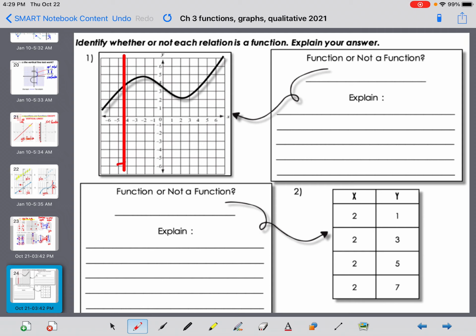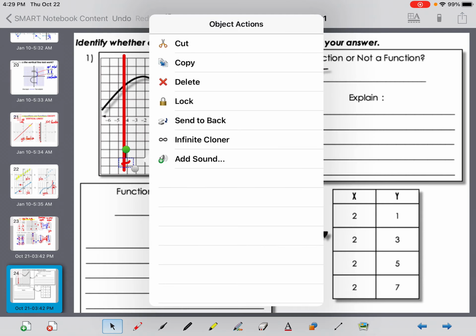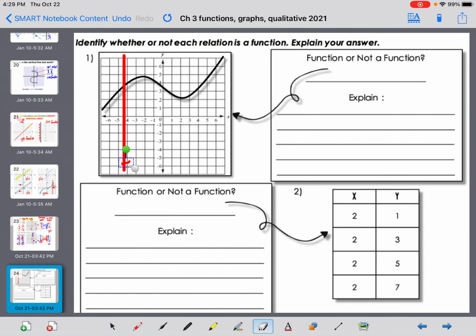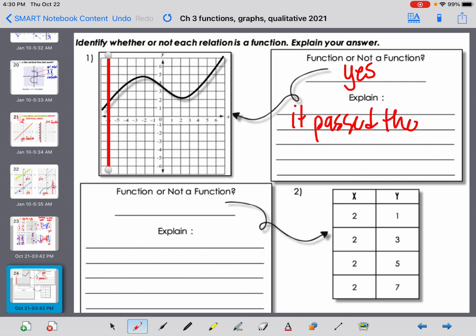Okay, so let's take a look at this graph. If I drag this vertical line across, you can see that at any given place on this graph, the vertical line only touches once. So this one would be a yes, and the reason is it passed the vertical line test.